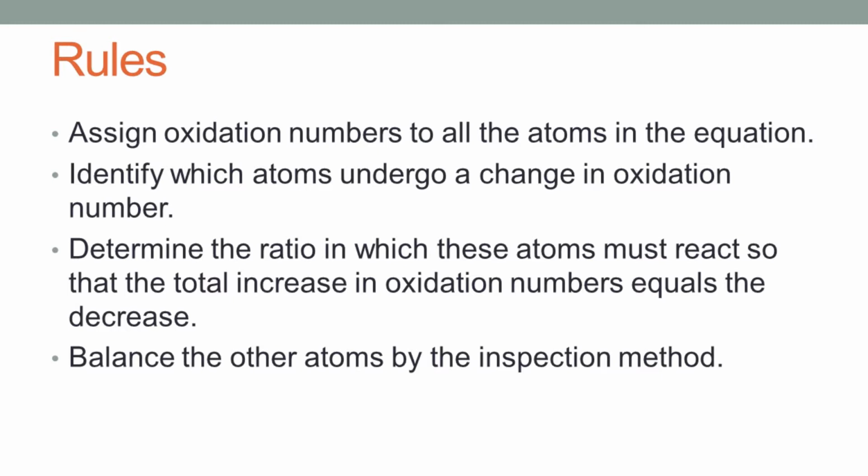Identify the atoms which undergo change in oxidation number. Determine the ratio in which these atoms must react so that the total increase in oxidation number equals the decrease in oxidation number. When you multiply them by coefficients, those will actually make the number of electrons lost equal to the number of electrons gained, and then you can balance the rest of the equation by inspection.